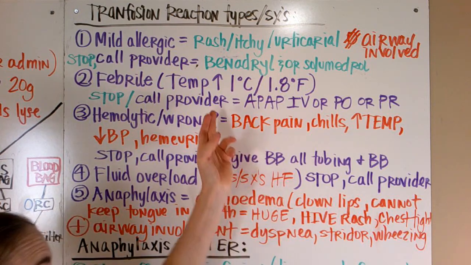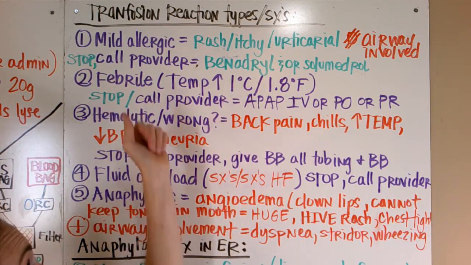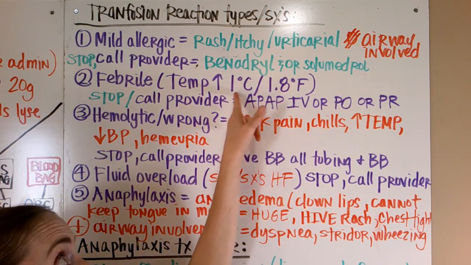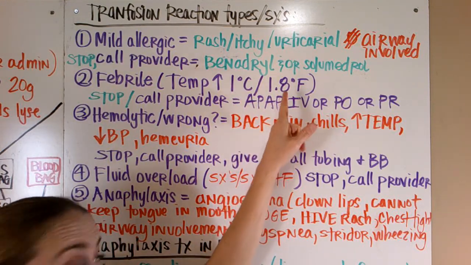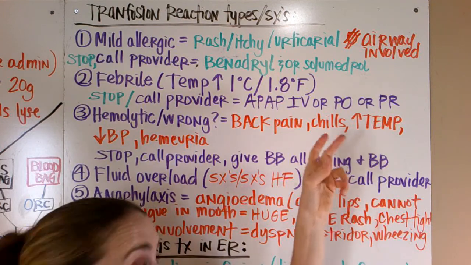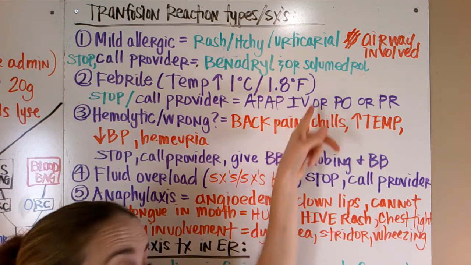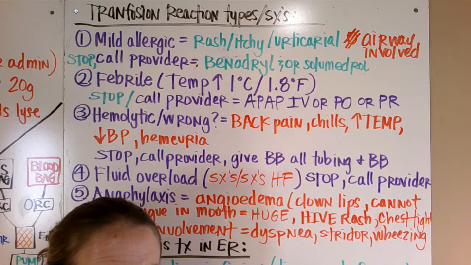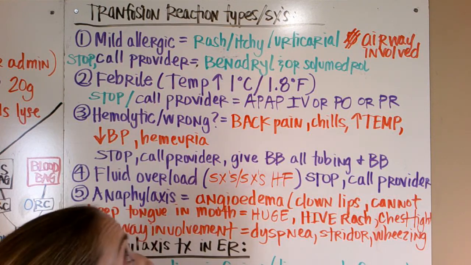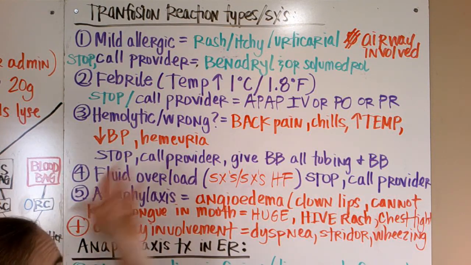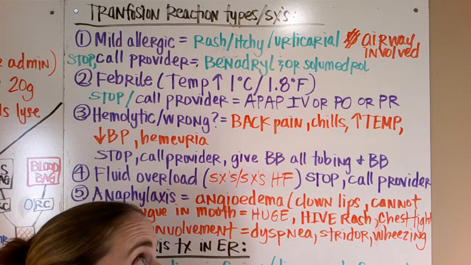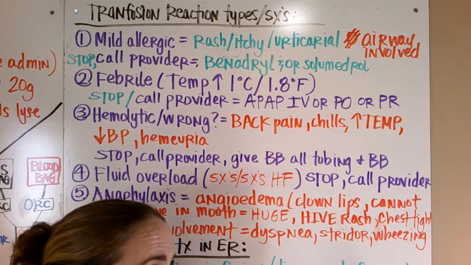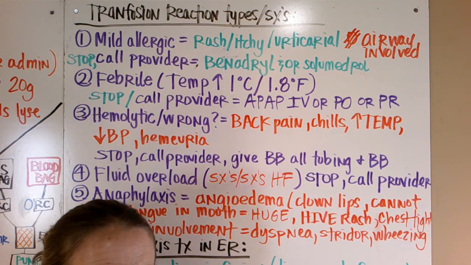So now they meet requirements to qualify for that febrile transfusion reaction. If they go up 1 degree Celsius, or if your hospital is measuring in Fahrenheit, 1.8 degrees Fahrenheit, then they can be considered a febrile reaction. So same thing, you stop the infusion, you call your provider, you get some Tylenol on board, IV, PO, per rectal, however they want to do it.